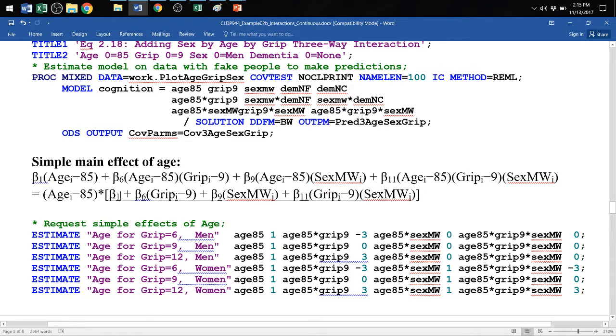At a minimum, the age slope is given by beta 1. But these interaction terms say that it's only going to be equal to beta 1 if I have grip of 9 for men. Otherwise, it's going to be some other number.